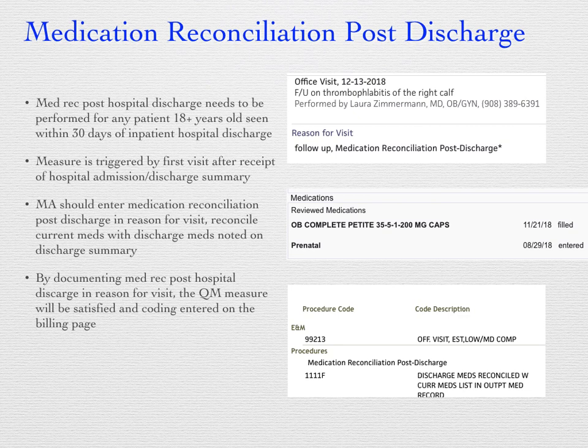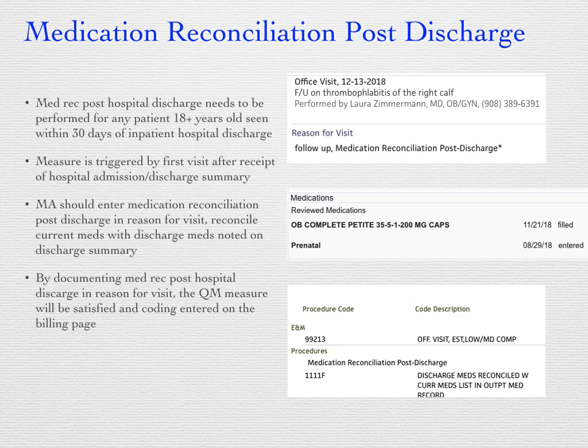Medication reconciliation post-hospital discharge needs to be performed for any patient 18 years and older who is seen within 30 days of an inpatient hospital discharge. The measure will be triggered at the first visit after receipt of a hospital admission or discharge summary.